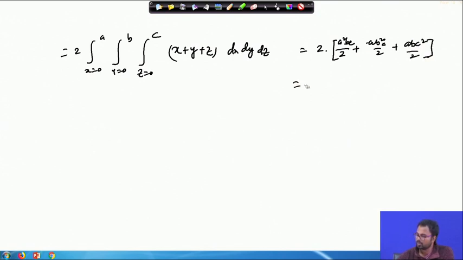So, 2 will get cancelled and therefore we will obtain abc times (a + b + c). So, this is the required volume integral.